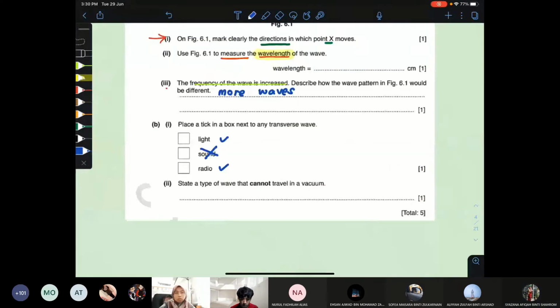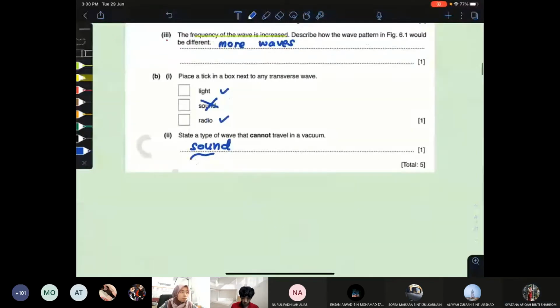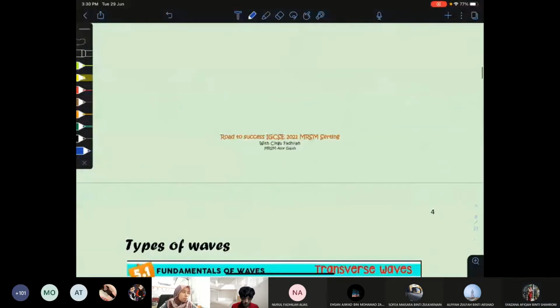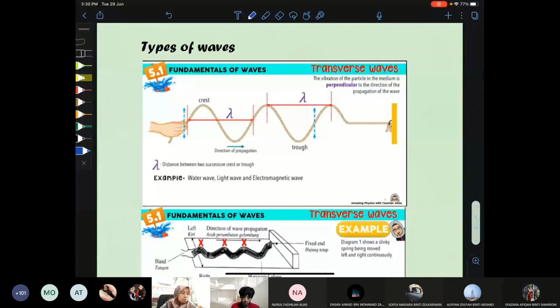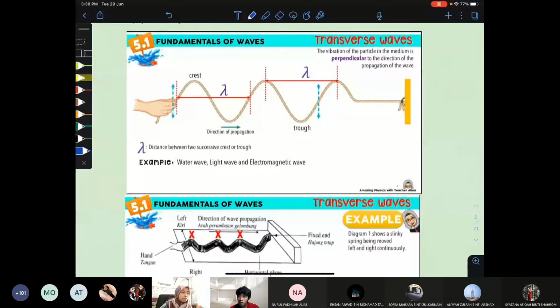The answer must be sound. So now you know for sound waves to travel, we need a medium. Then we need types of waves: we have transverse wave and we have longitudinal wave. I don't think I'm going to go any further on this one.